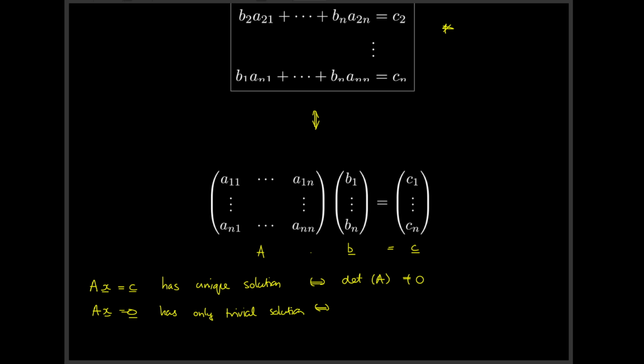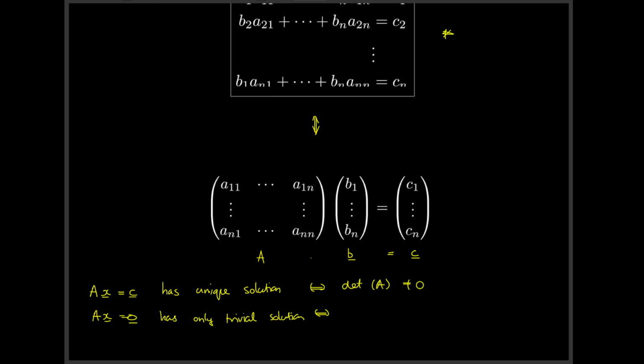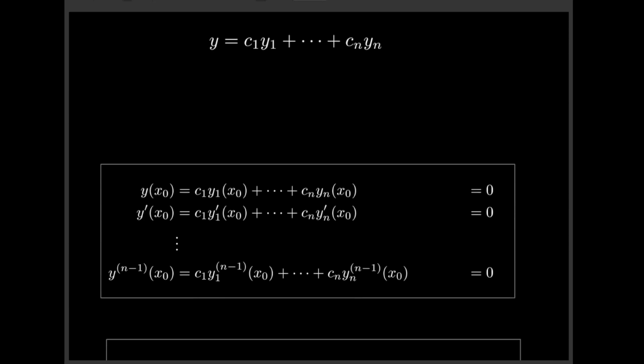Okay. So this gives you 3 characterizations of when you can find a unique solution to your linear system, and this approach will be very useful to us, so we'll keep it in the back of our minds.